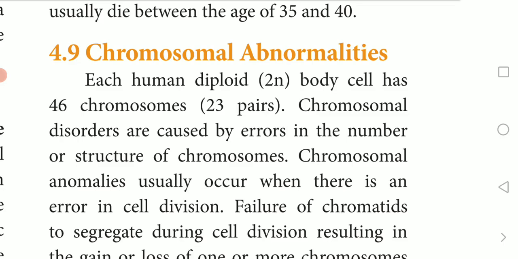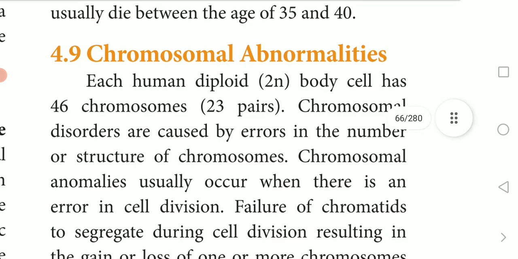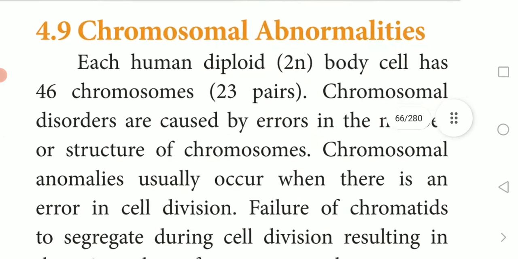Each human diploid body cell has 46 chromosomes, that is, 23 pairs.